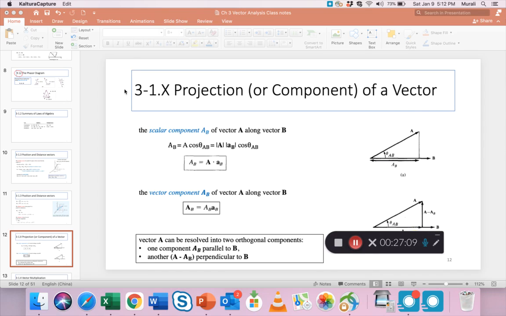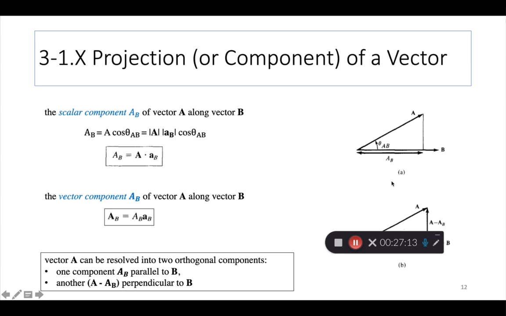You'll realize as we do some problems that it is an important property.